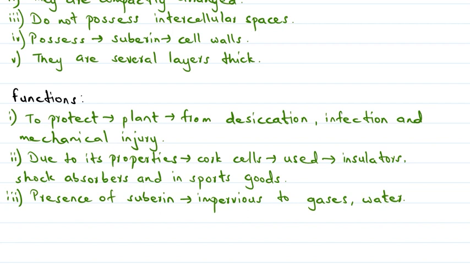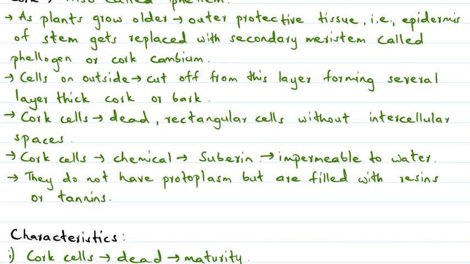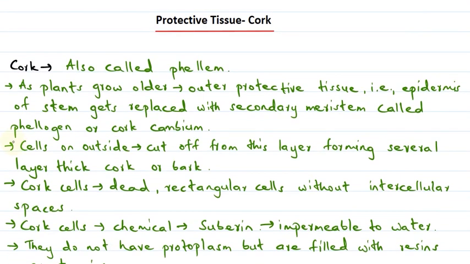Now let's quickly revise everything that we have covered today. Today we discussed the cork cells in detail. This cork is also called phloem. As the plants grow older, the outer protective tissue, the epidermis of the stem, gets replaced with the secondary meristem, known as the phloem or the cork cambium.